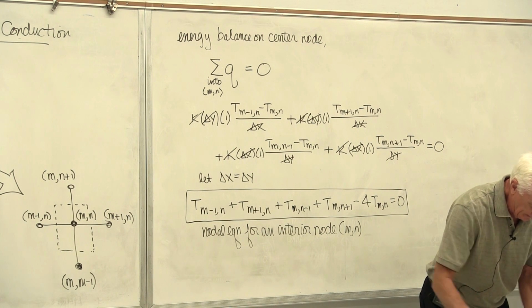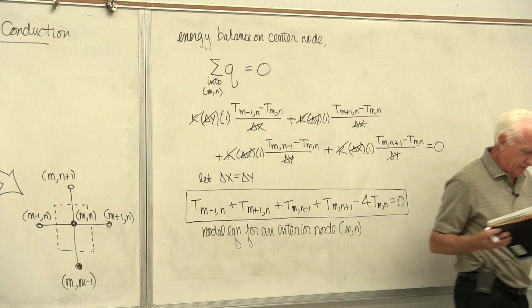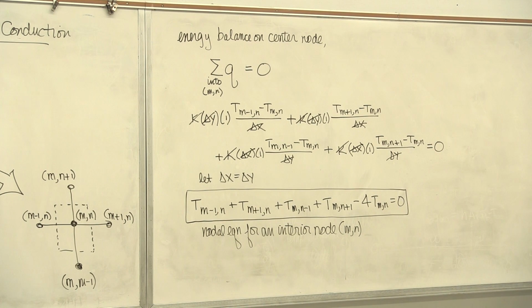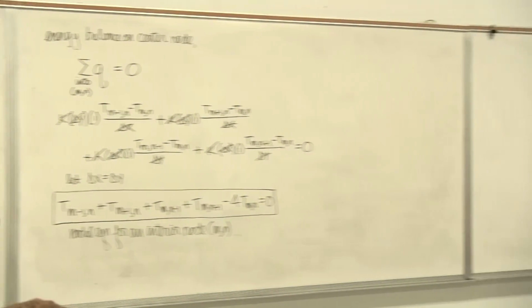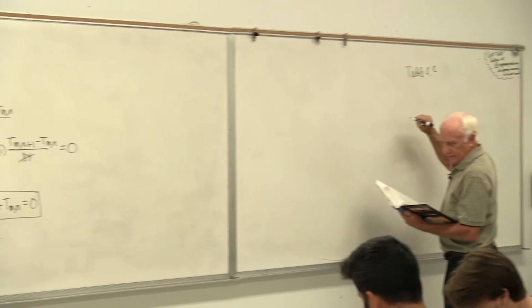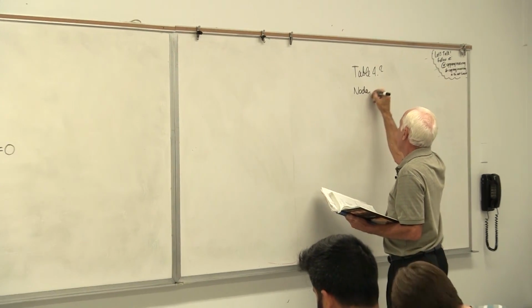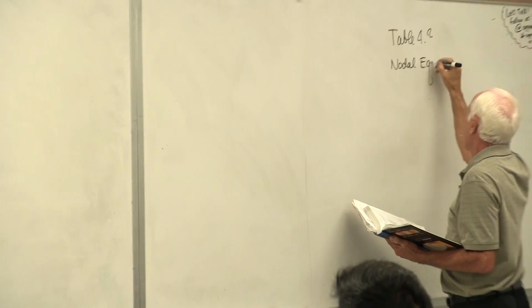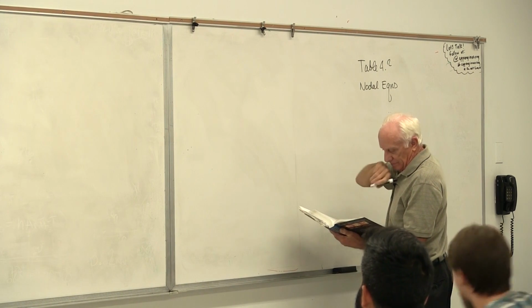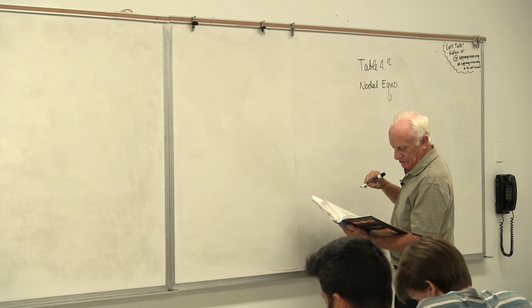Here it is. Okay, there's 1, 2, 3, 4, 5 different nodal equations, table 4.2. It's titled Nodal Equations. And I'm going to show you one here, which is a boundary node.